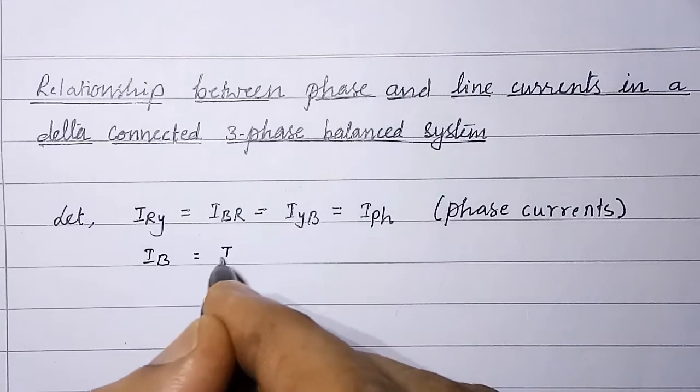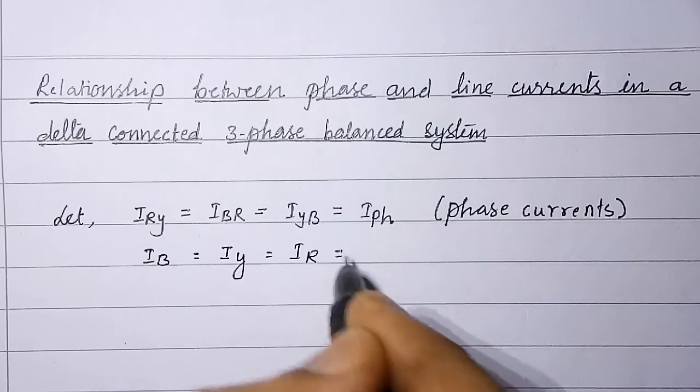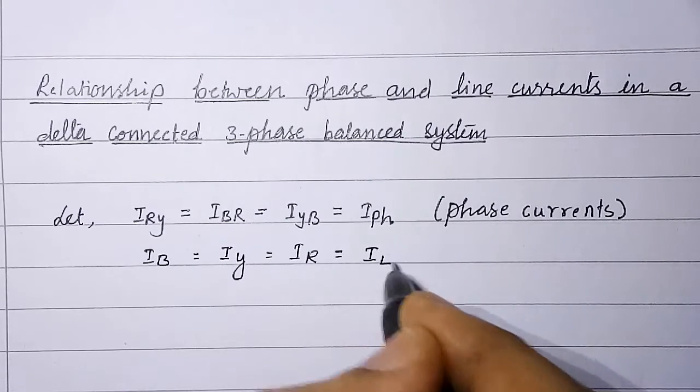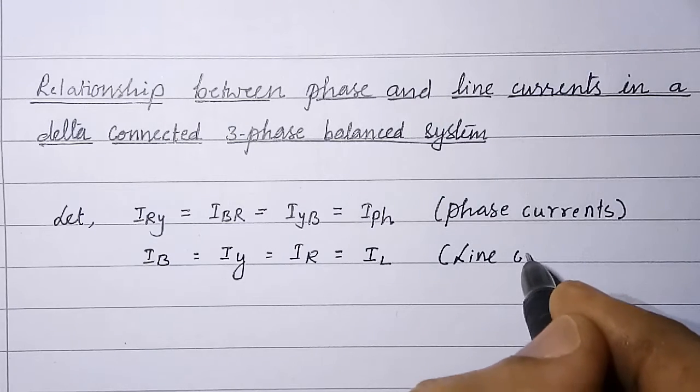IB equal to IY equal to IR equal to IL, line currents.